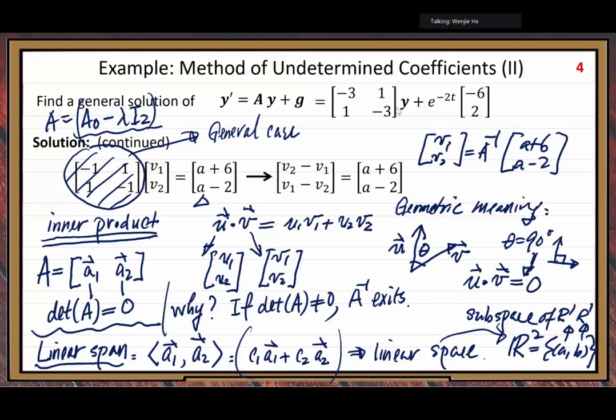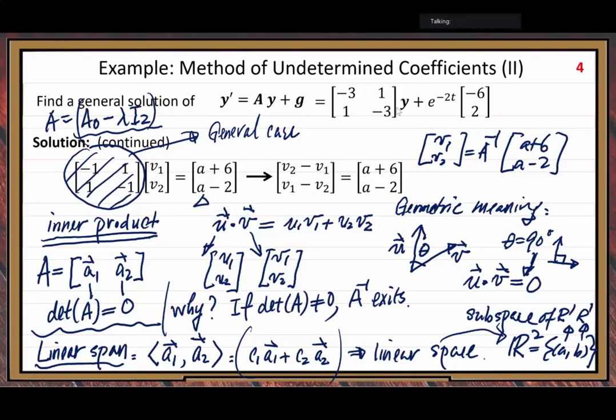Because it's a subspace and not the whole space, we can find a vector that is perpendicular to this linear span, this subspace. That means if we do an inner product of that special vector with any vector inside this subspace, we get 0. We can call it the normal vector. It is perpendicular to everything in the subspace.